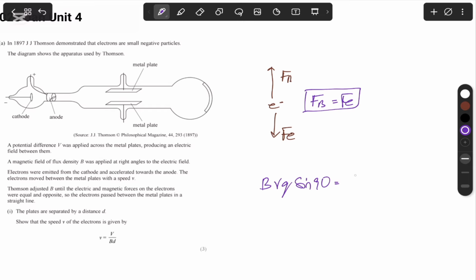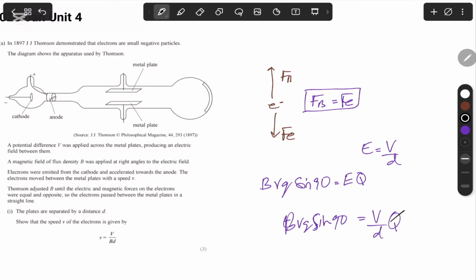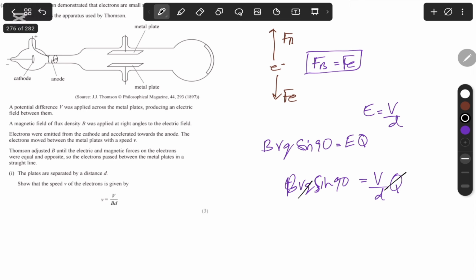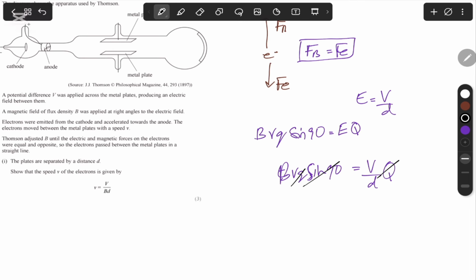So we're going to get EQ, and then E is equal to V by D. So we can get BVQ sine 90 is equal to V by DQ. Now the charge here is the electron's, so both those Q are going to cancel out. Sine 90 is just 1, so that also cancels out. So we get BV is equal to V over D.